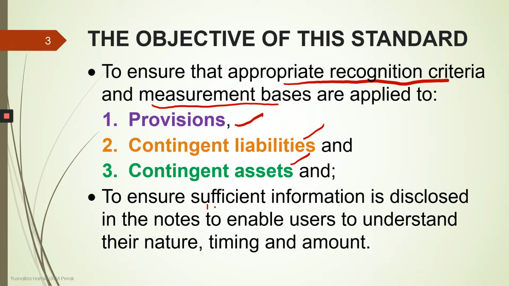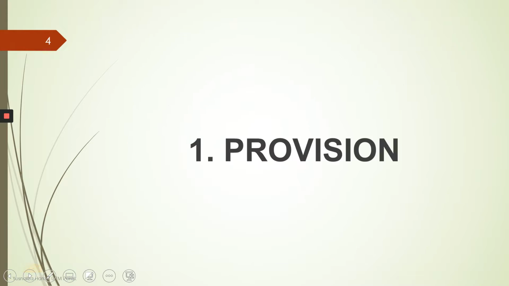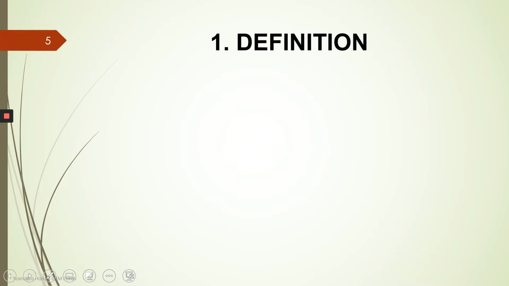And also to ensure sufficient information is being provided by way of notes to the accounts, showing the nature of the event, the timing, as well as the amount involved with regards to provision, contingent liabilities and contingent assets. So we'll first start off with provision. Later we'll proceed with contingent liabilities, and the last part is on contingent assets.